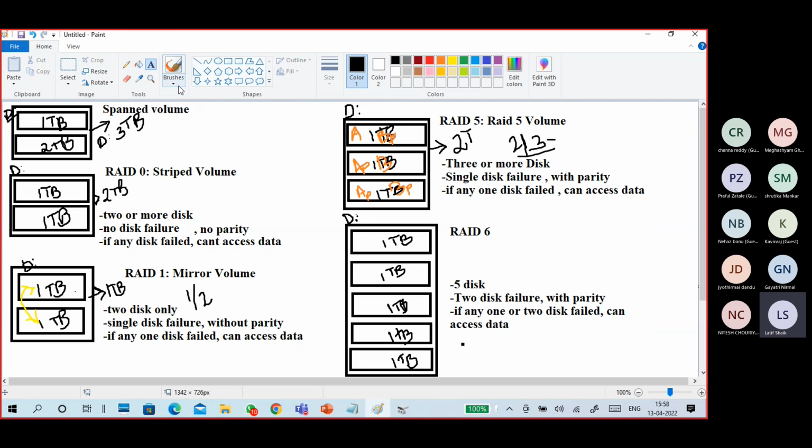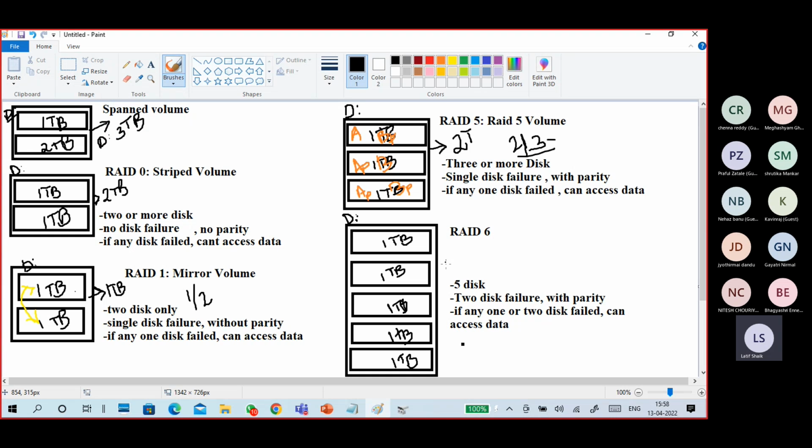So the total volume you will get: since 2 disks out of 5 are for failure tolerance, it will give 3 terabytes of volume. Okay, so it is the same concept as RAID 5.